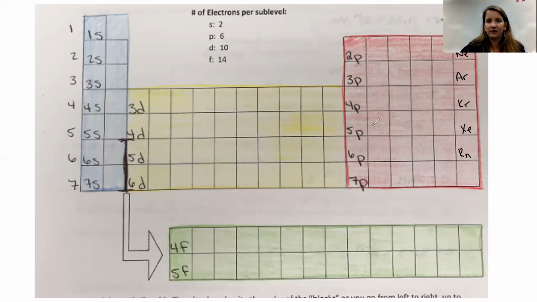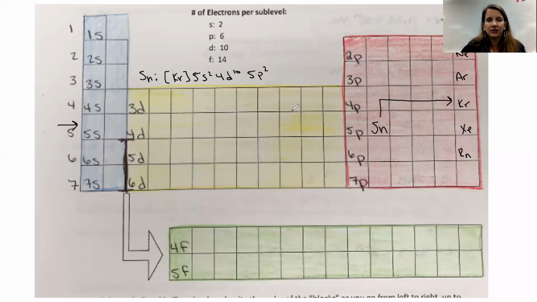So if we look at tin again, which was right here, when you write your noble gas configuration, you look 1 row up and all the way to the right. That noble gas goes in brackets. So with tin, we're going to put krypton in brackets, and that takes into account the electron configuration from hydrogen to krypton. So since tin is in the 5th row, we pick up our electron configuration at 5s2, and then 4d10, and then 5p2.